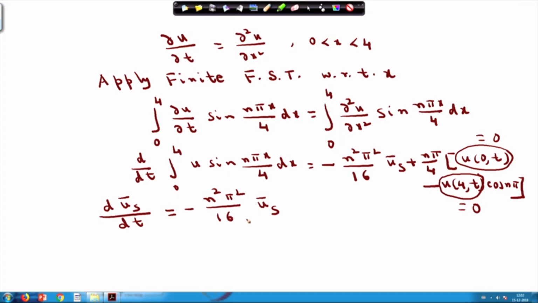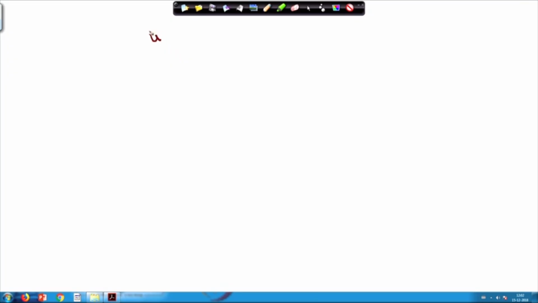Directly I can write the solution of the ODE as ū_s equals A e^(−n² π² t/16). You can go through this; simply you can write ū_s equals A e^(−n² π² t/16).